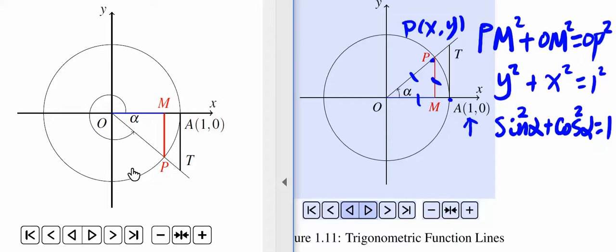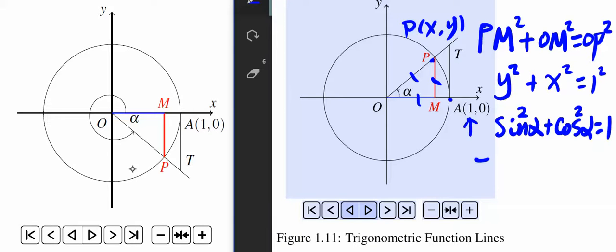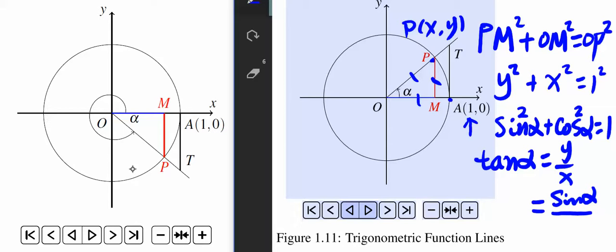We also know that tangent alpha is defined as y over x. But again, y is sine alpha and x is cosine alpha.